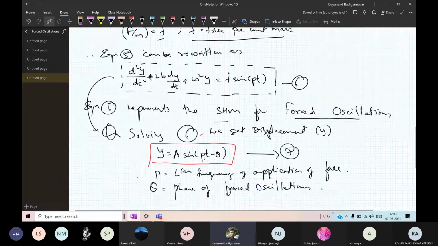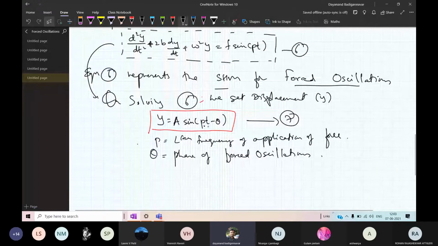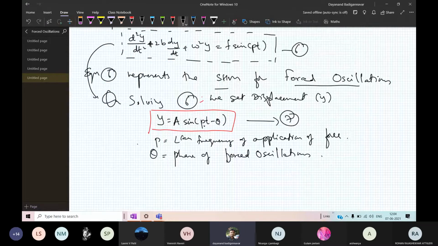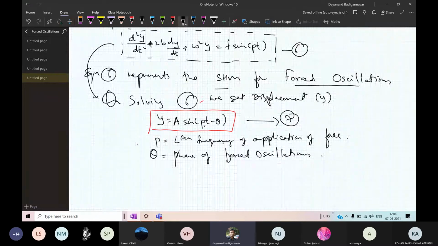After solving this equation, you have y is equal to a sine (pt minus theta). What is this P? P is the angular frequency of application of the force. And theta is the phase of forced oscillation. What does phase mean?